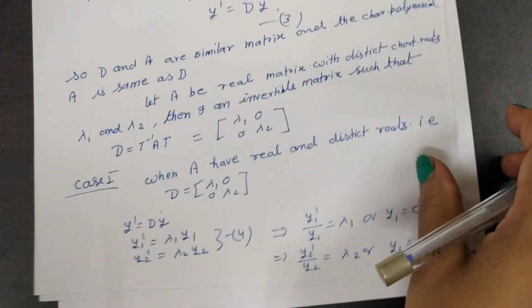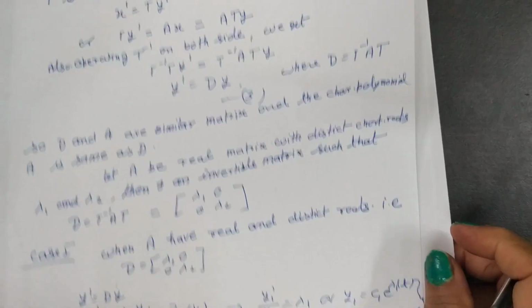From these equations we determine the roots of the system, how to find the roots, and check the stability from the characteristic roots.